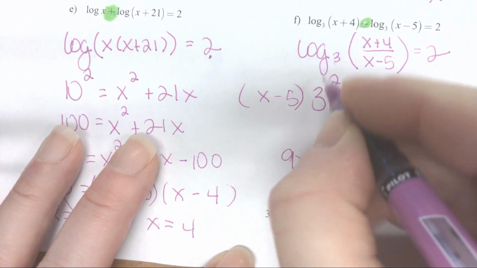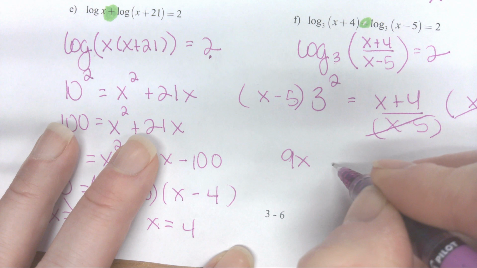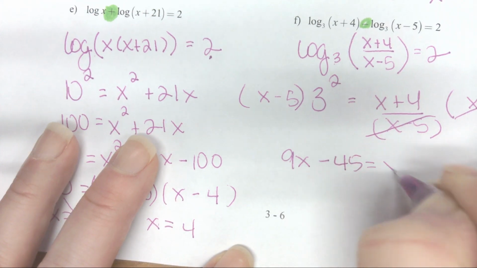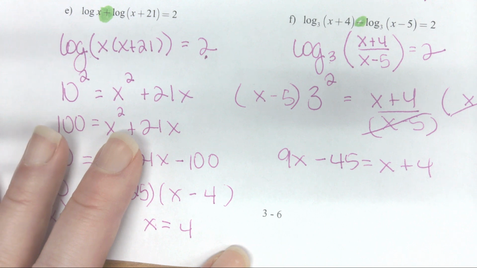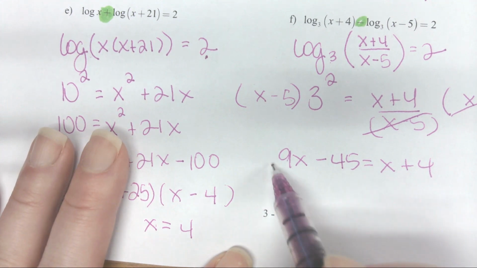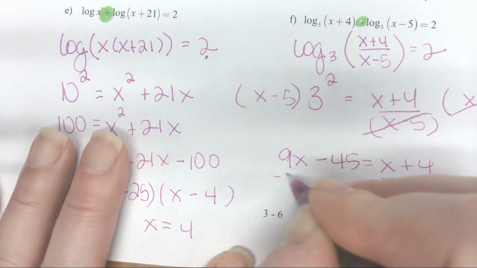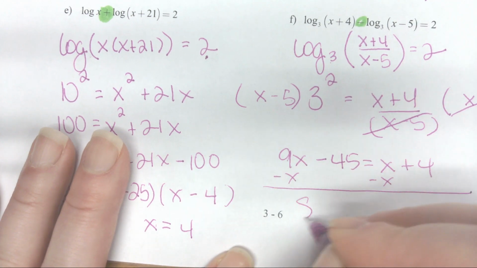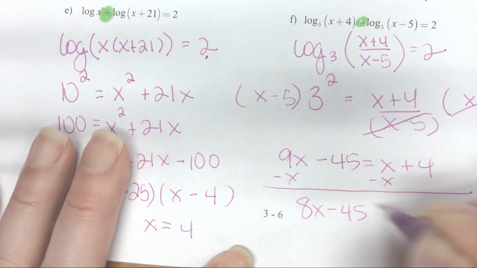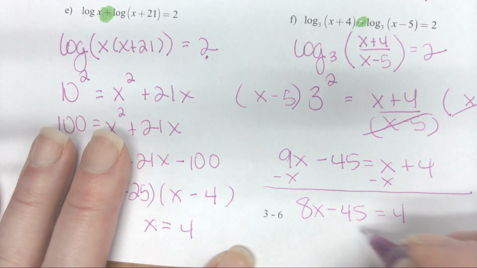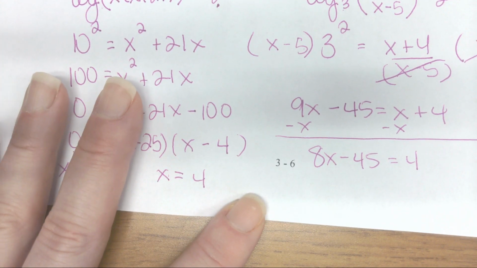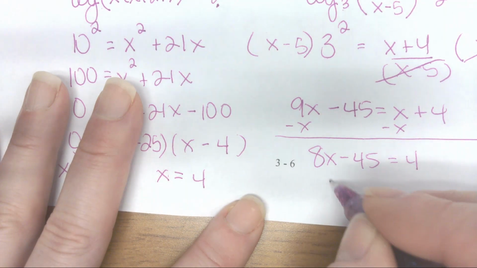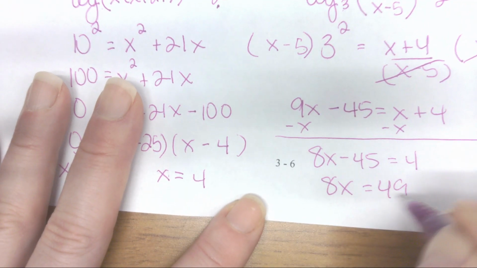What's 9 times 5? Ooh, and this one's an easy one to solve because it's not even quadratic. We move our x to the other side, subtract x from both sides. I get 8x minus 45 equals 4. Add 45 to both sides. And divide by 8.